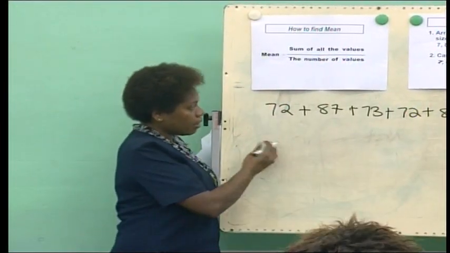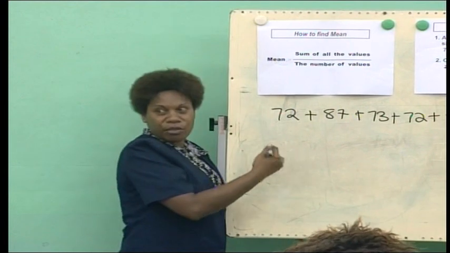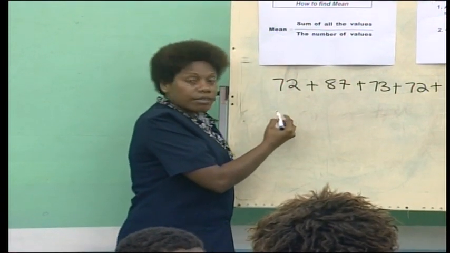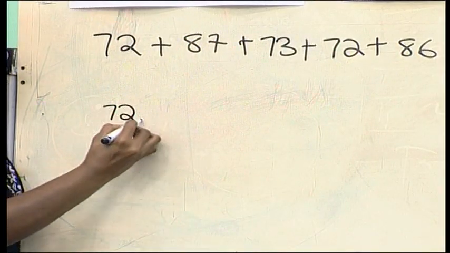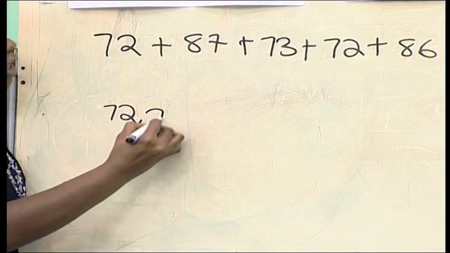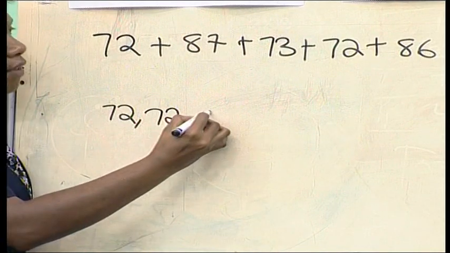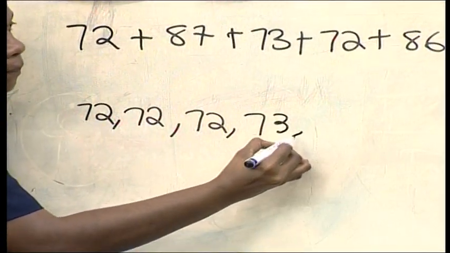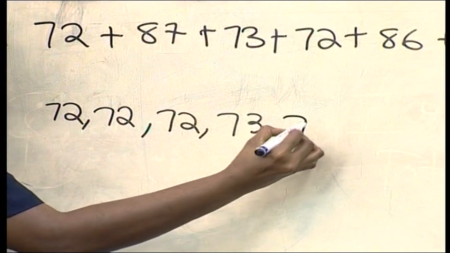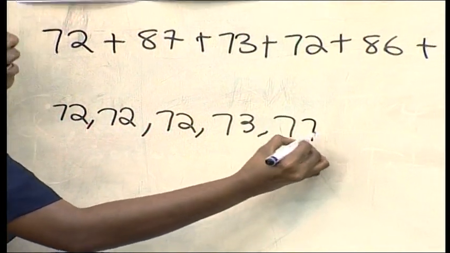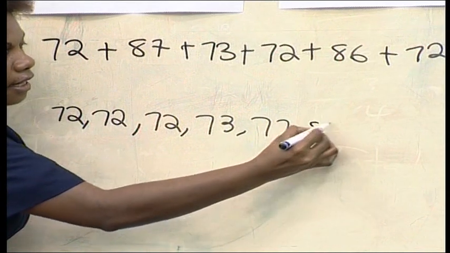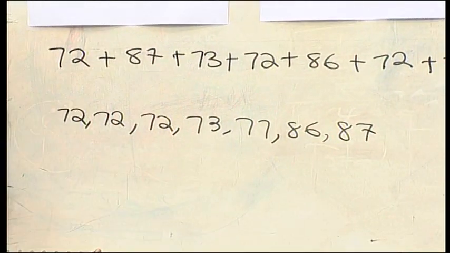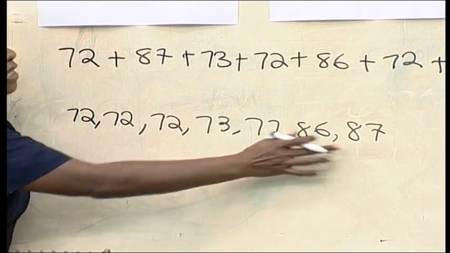Okay, so let's put them in order first, smallest to biggest. Receiving students, okay, 72, 72, 72, 73, 1, 2, 3, 4, 5, 6, 7.